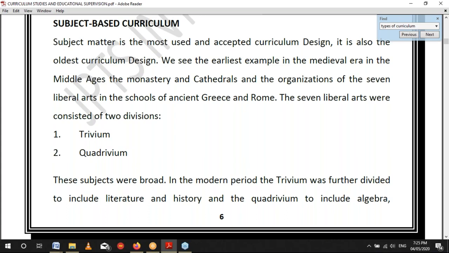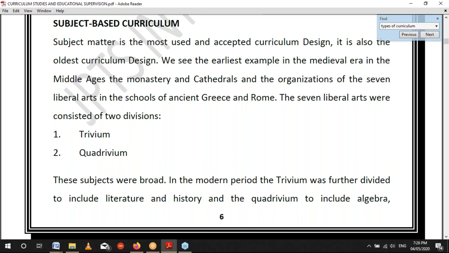No teacher intervenes in the subject of another teacher. Subject curriculum. Each subject is a separate unit and is being handled by a separate teacher. Example, biology teacher, mathematics teacher, literature teacher.